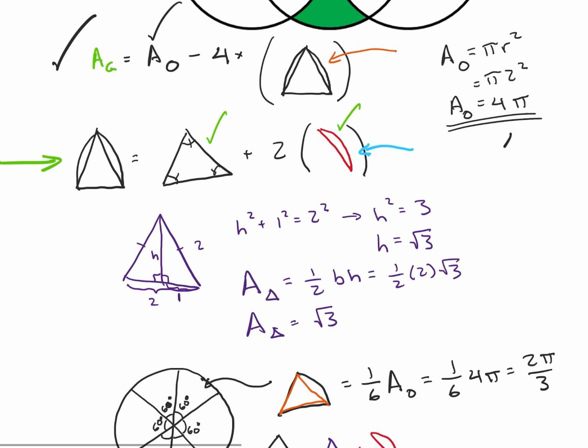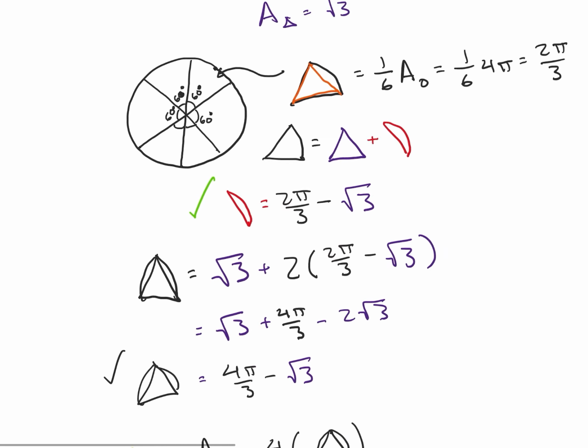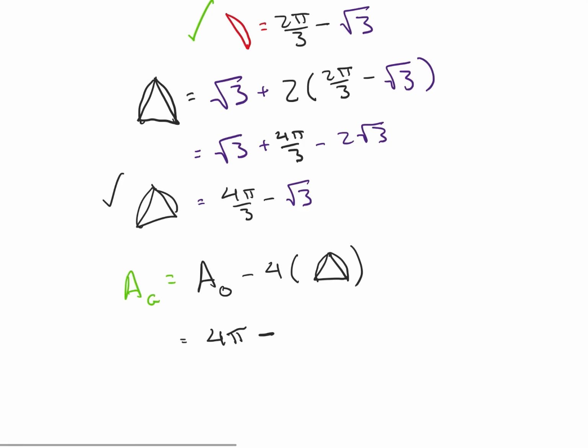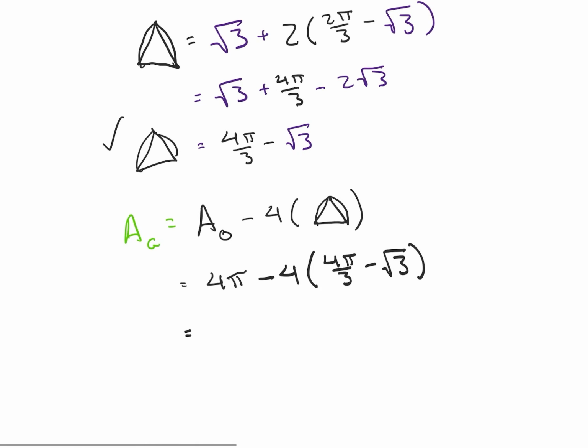Oh, sorry. Minus 4 times 4 pi over 3 minus square root of 3. So that's going to be 4 pi minus 16 pi over 3 plus 4 square root of 3. I have to distribute those negatives.